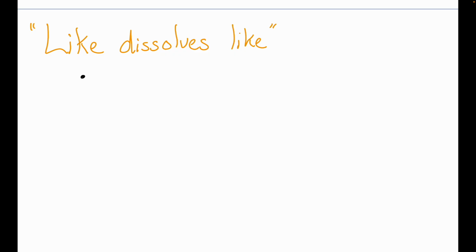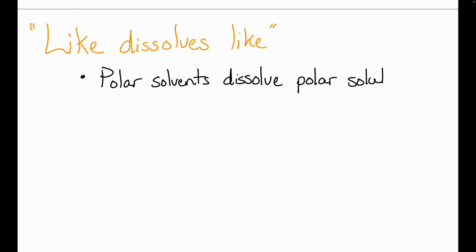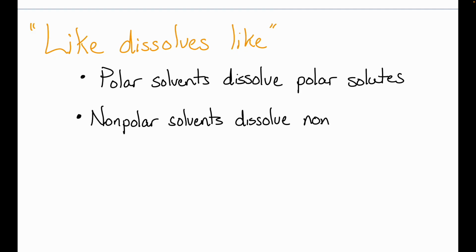That's a shorthand for polar solvents will dissolve polar solutes and nonpolar solvents will dissolve nonpolar solutes. But polar solutes will not dissolve in nonpolar solvents, and nonpolar solutes will not dissolve in polar solvents.